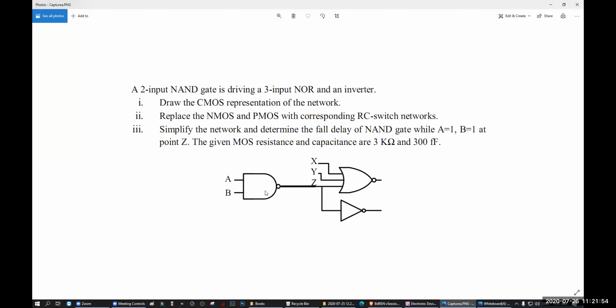Yes. So if you are willing to answer this question, I suggest you practice with a NOR gate as well. Here we do it with a NAND gate. You practice with a NOR gate.